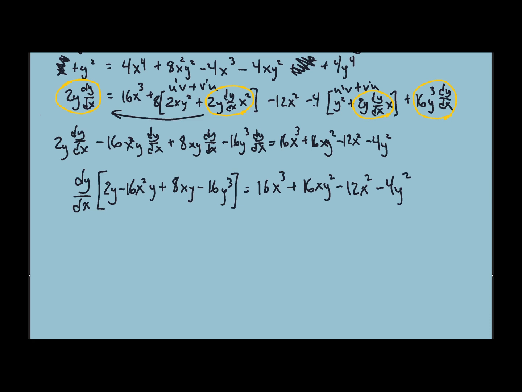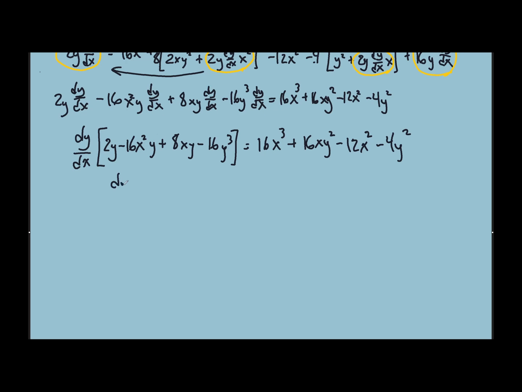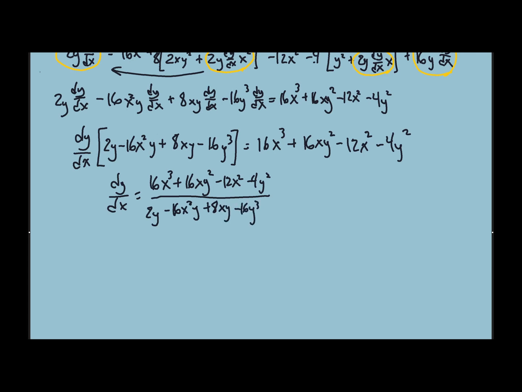So what's that give us for our dy/dx? We get 16x cubed plus 16xy squared minus 12x squared minus 4y squared, over 2y minus 16x squared y plus 8xy minus 16y cubed. Everybody get that?